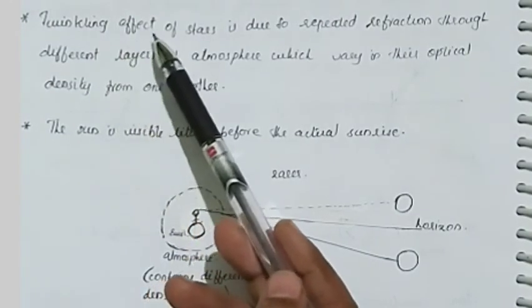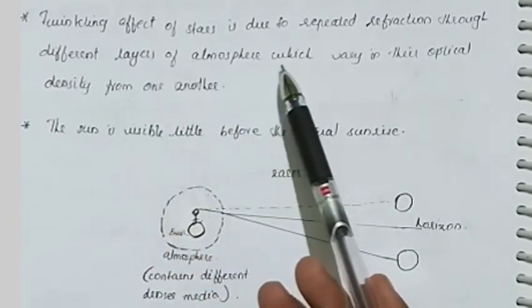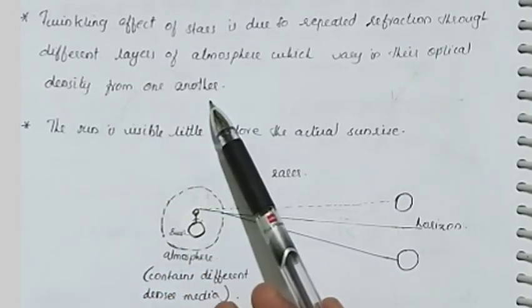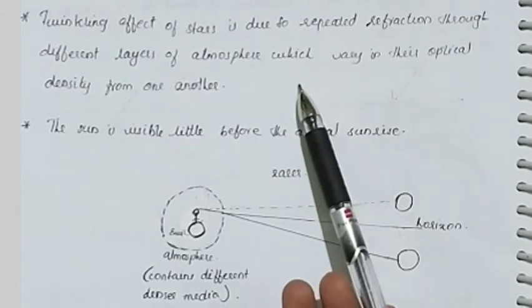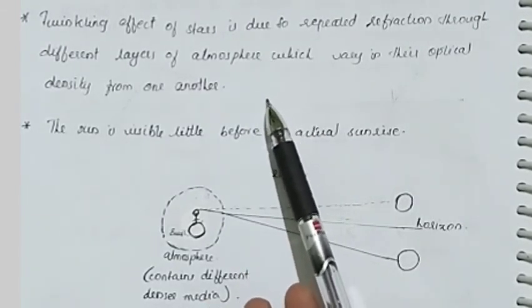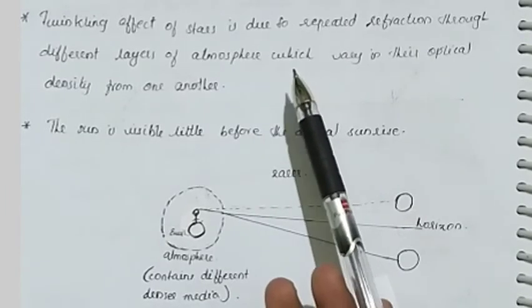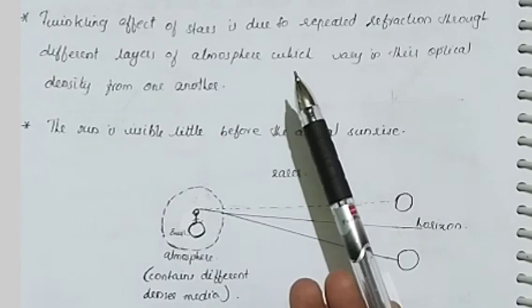Also, the twinkling of stars is due to the repeated refraction through different layers of the atmosphere, which vary in their optical density from one another. Our atmosphere around the earth has different layers like the stratosphere, troposphere and so on, and all the layers differ in optical density.